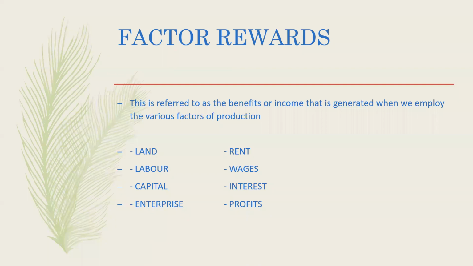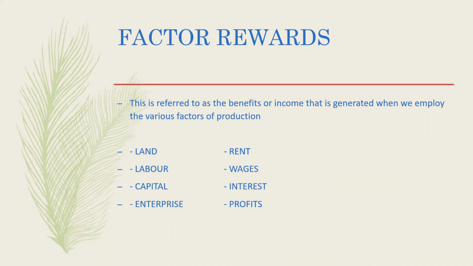So factor rewards is referred to as the benefits or income that is generated when we employ the various factors of production. So let me explain what this slide is going to tell us. When we incorporate the different factors of production, land, labor, capital, and enterprise, we are going to get rewards when we employ these different factors.